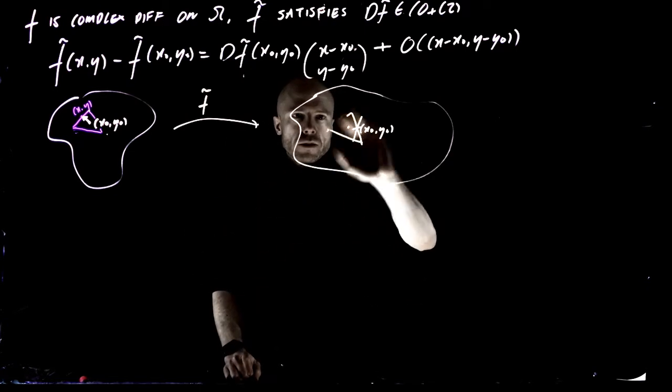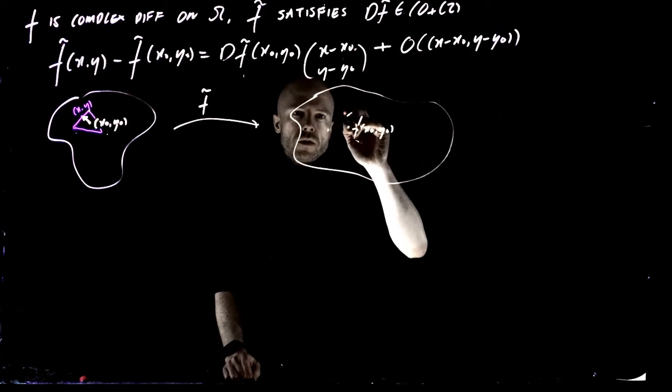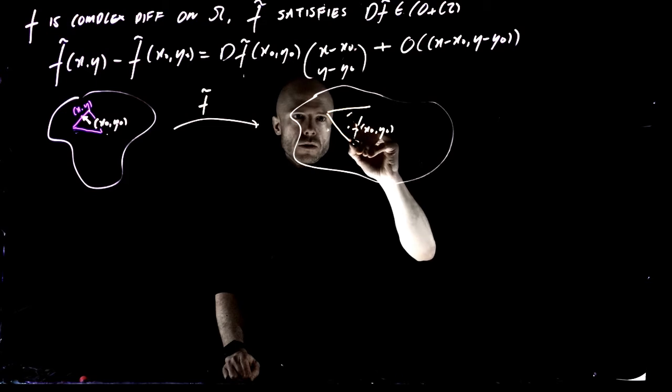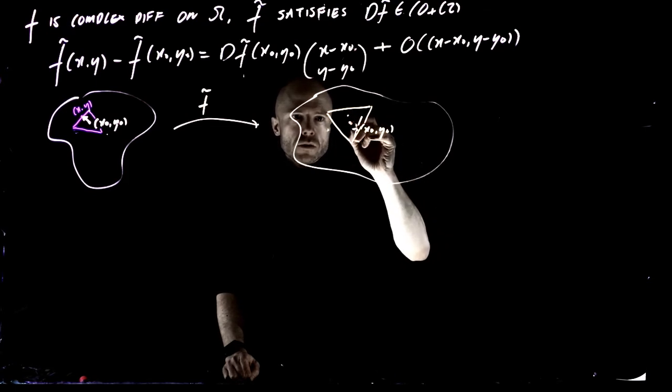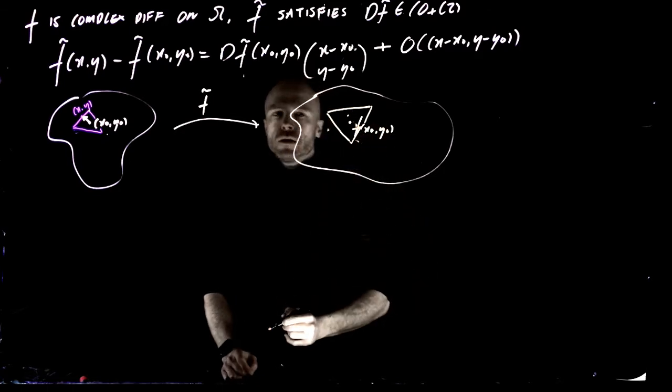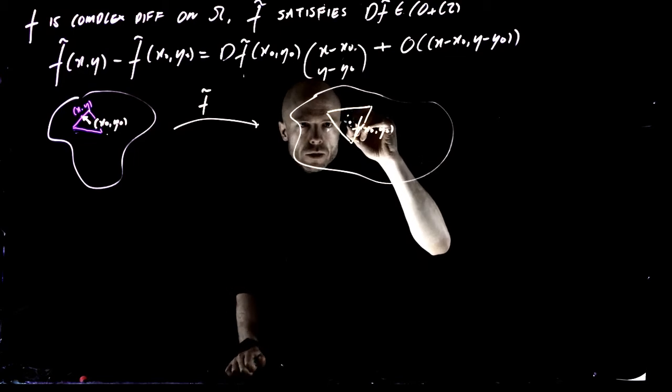So it doesn't have to look like this, which is a bit too similar to the first one. It could be sent to some sort of triangle like this, or to some really tiny triangle like this.